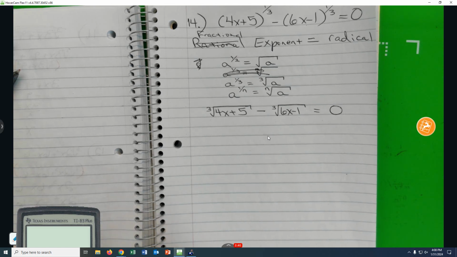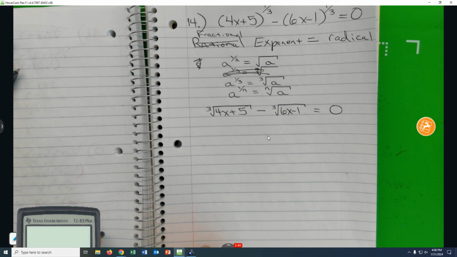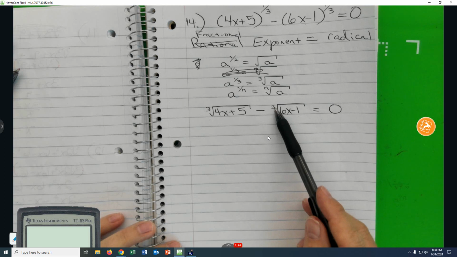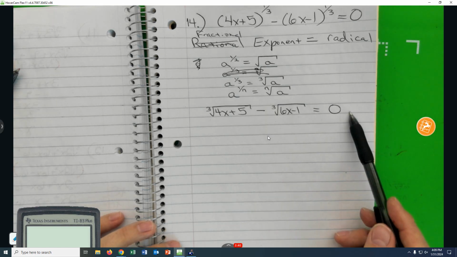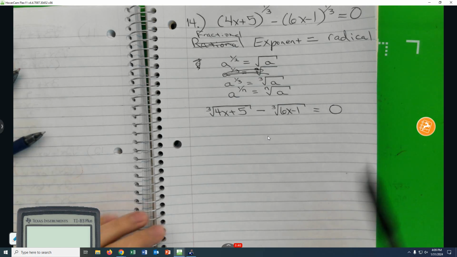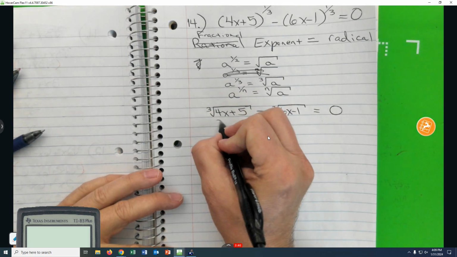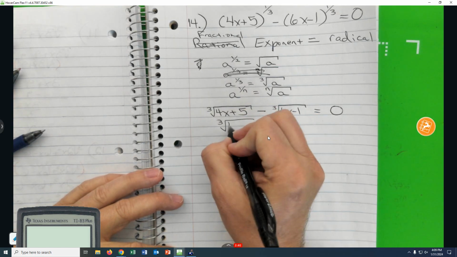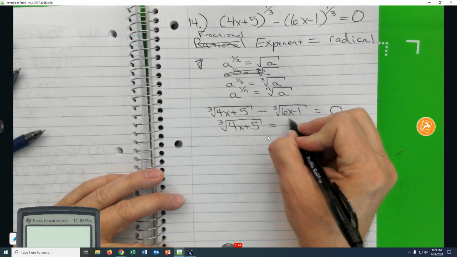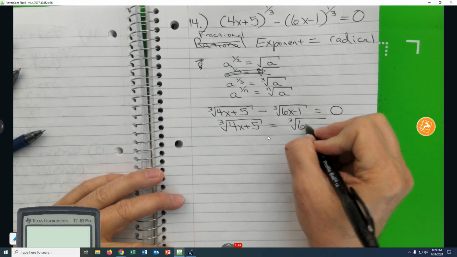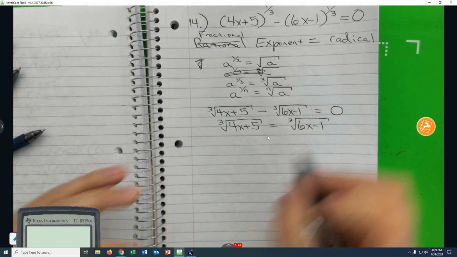There's only one smart first step. What is it? Yes. Move that over, because the negative, when you move it over, it becomes a positive, and you've isolated both of the radicals then. So you have the cube root of 4x plus 5 is equal to the cube root of 6x minus 1.